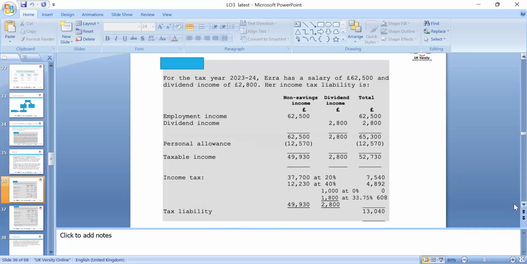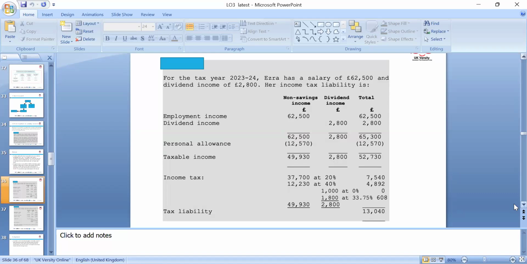Just a dividend in this case, if we look here, we've been given the salary, and we can look at the dividend income. So salary income is employment income, which is non-savings income. The dividend income we've been given, and the 12,570 is the exempt amount, which is the annual allowance. Then we have 2,800 as dividend income. So we can look at it: the first 37,700 is taxed at 20%.